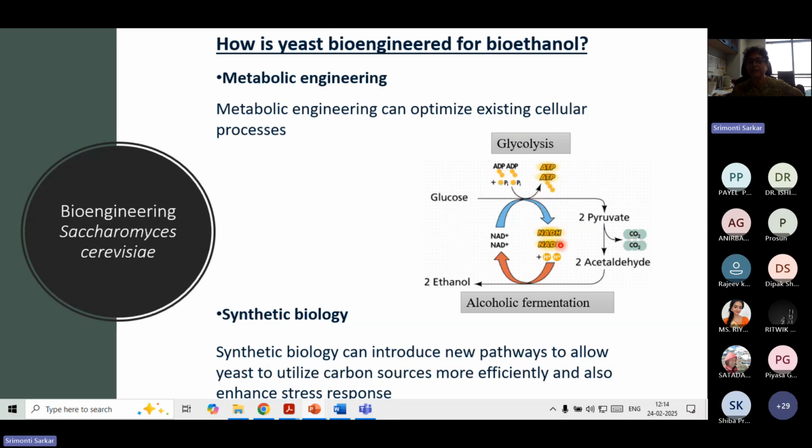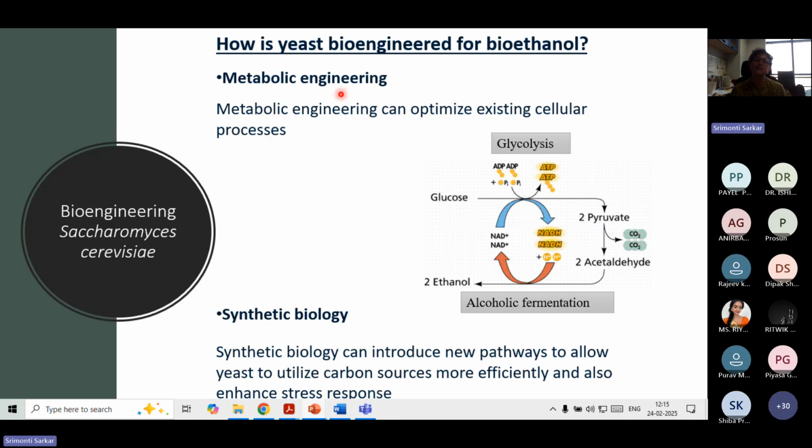So this NADH is brought back to... If there's a question, please feel free to stop me. So this conversion of pyruvate to ethanol is alcoholic fermentation.